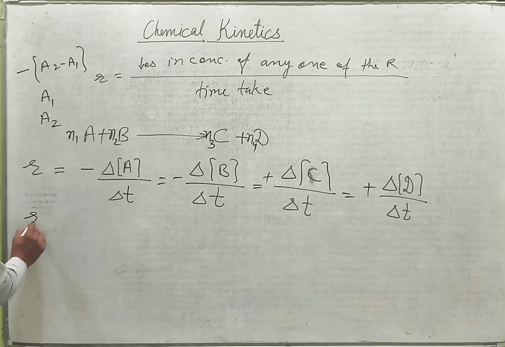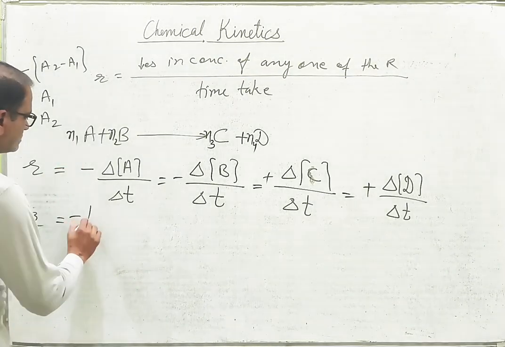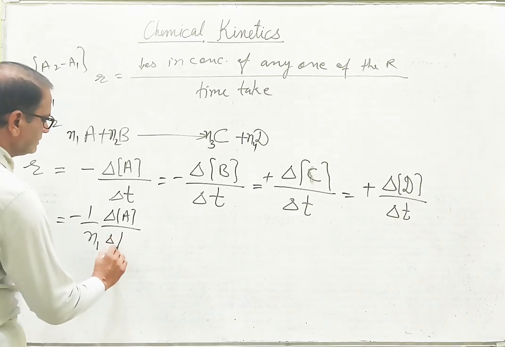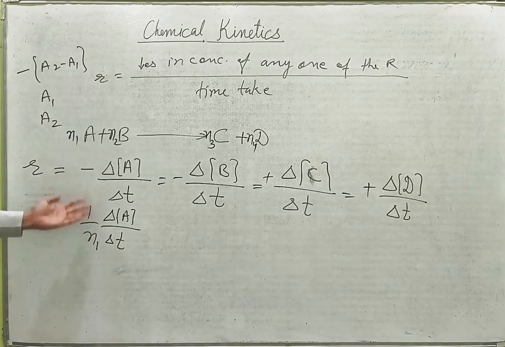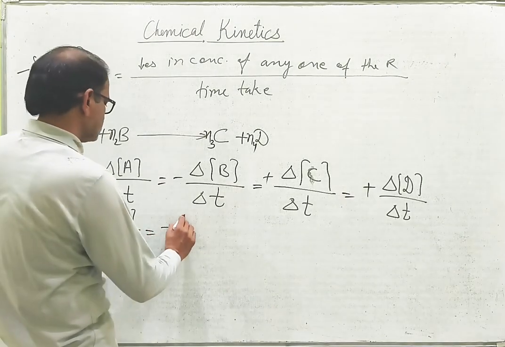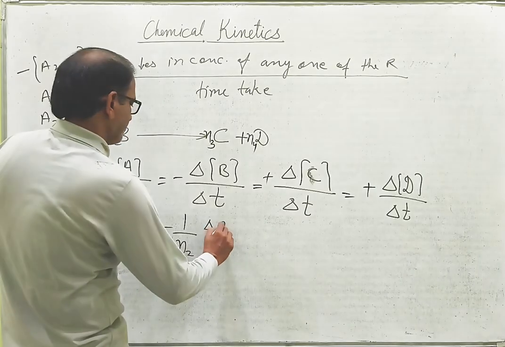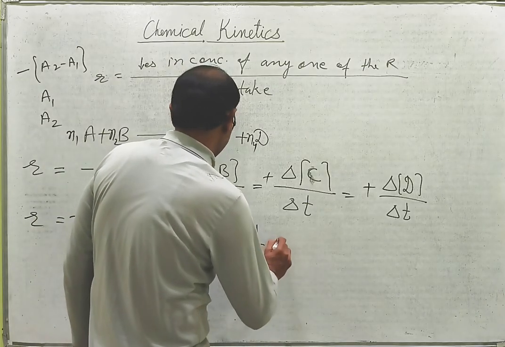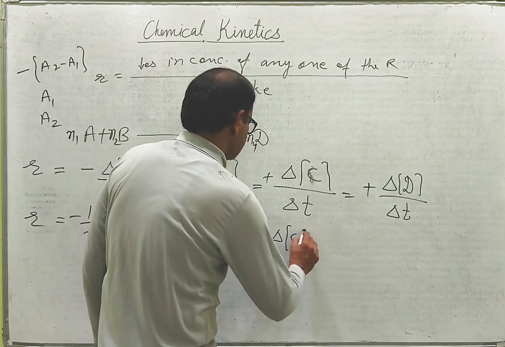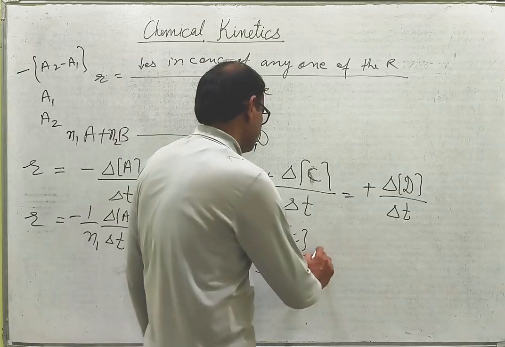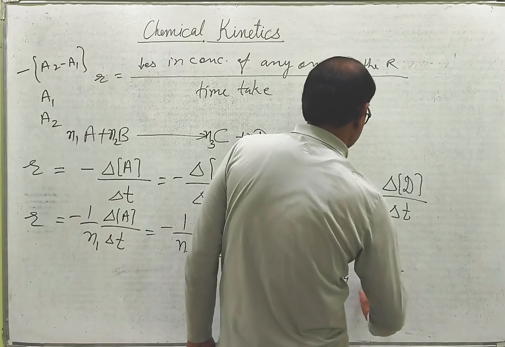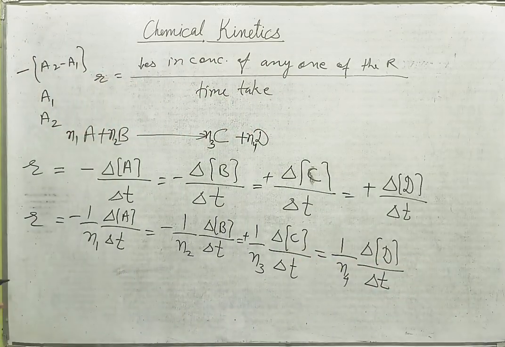R will be equal to minus 1 by n1 delta A upon delta T, which will be equal to minus 1 by n2 delta concentration of B upon delta T, which will be equal to 1 by n3 delta concentration of C upon delta T, which will be equal to 1 by n4 delta concentration of D upon delta T. So this is how we can express it if we have a stoichiometric value other than 1.